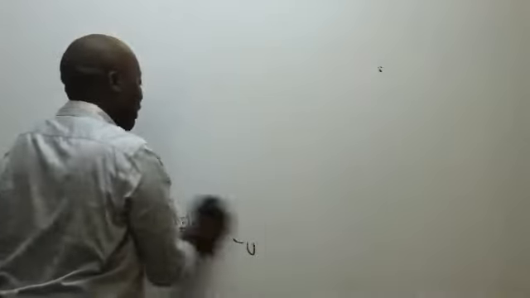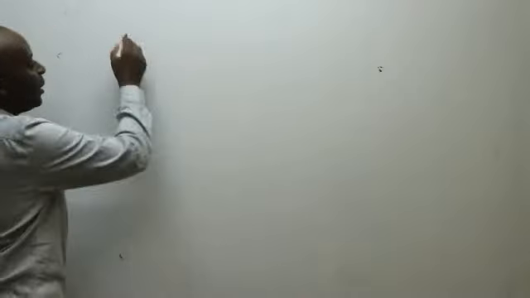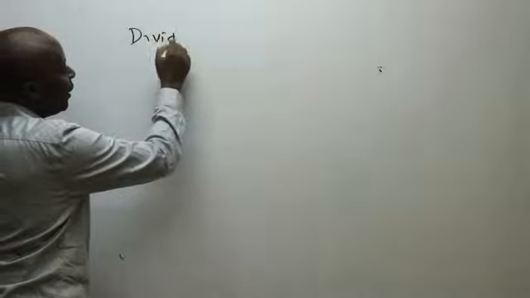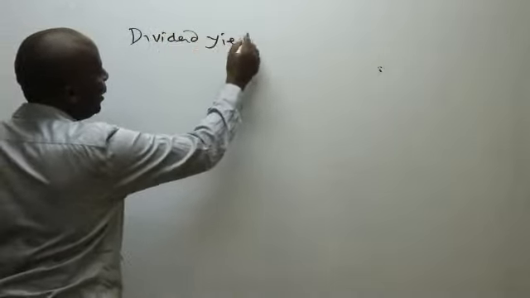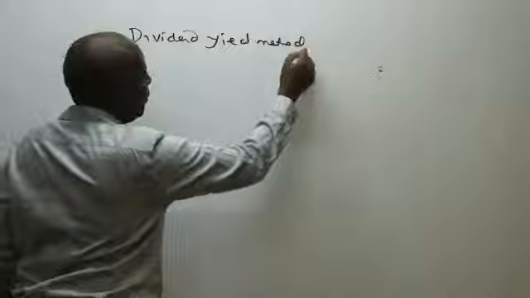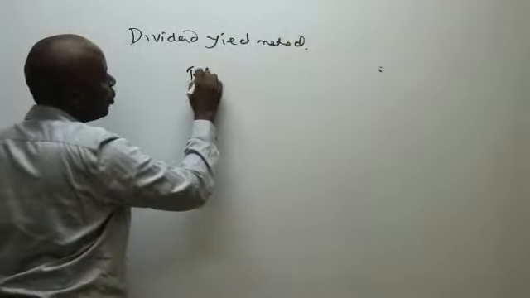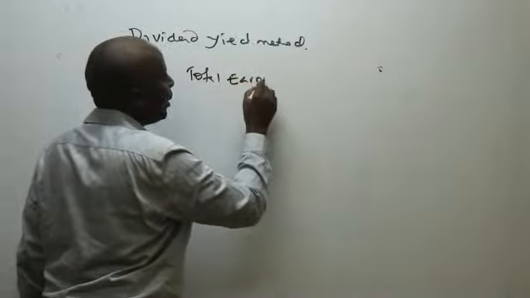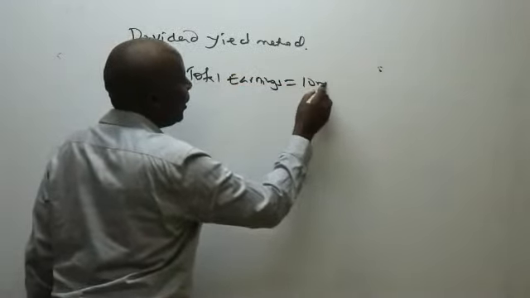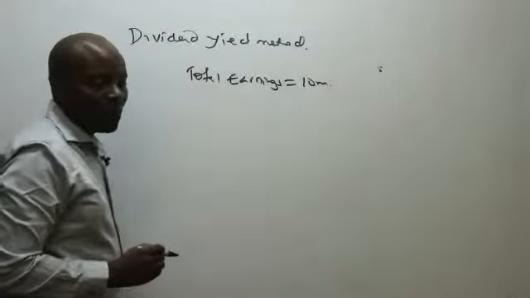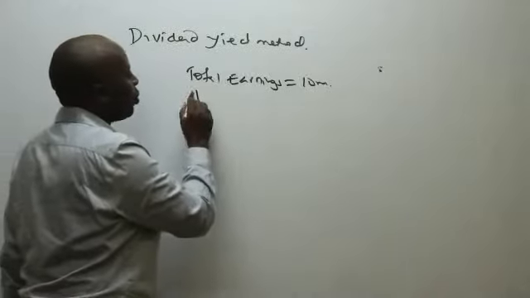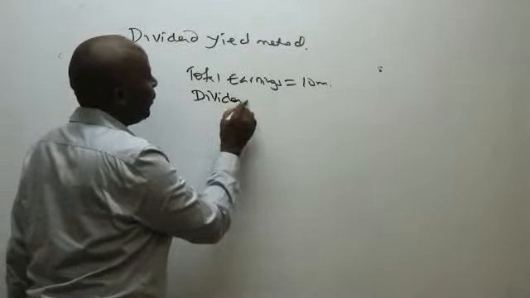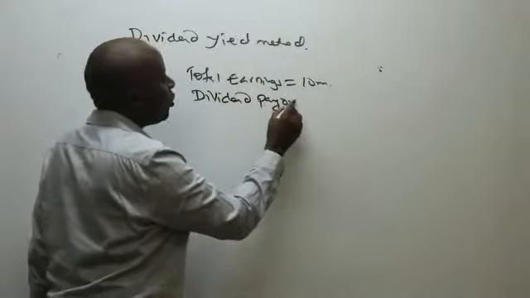On the same breath, you will realize that some examiners will give you the dividend yield. So we have here the dividend yield method. They'll give you total earnings. Total earnings is 10 million. Then they will give you the dividend payout ratio.